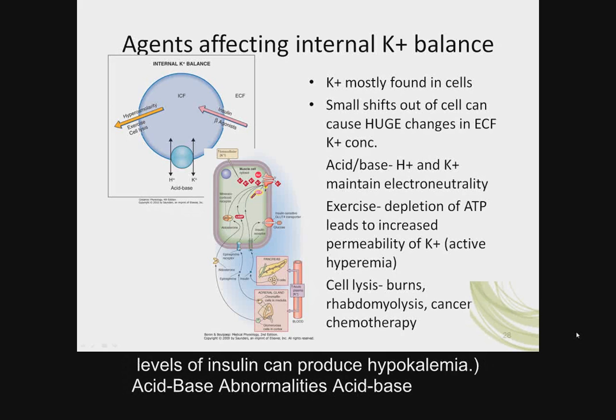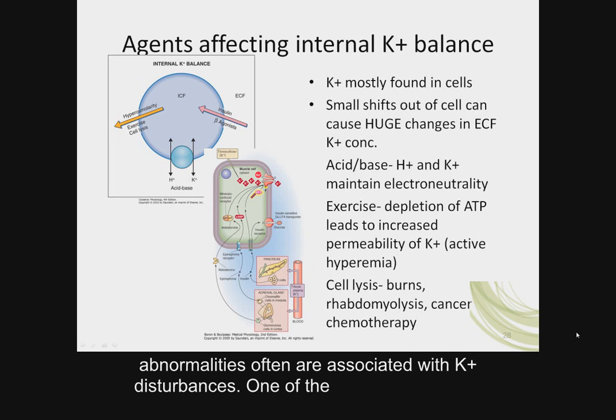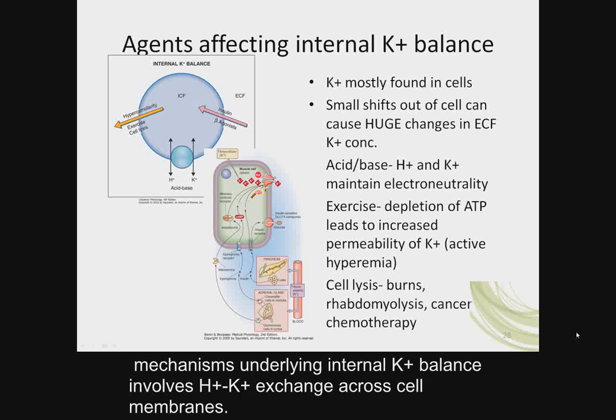What about acid-base abnormalities? Acid-base abnormalities often are associated with potassium disturbances. One of the mechanisms underlying internal potassium balance involves a hydrogen-potassium exchange across cell membranes. This exchange is useful because the intracellular fluid has considerable buffering capacity for hydrogen.